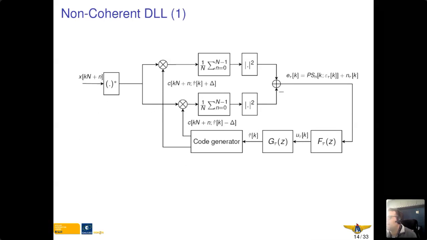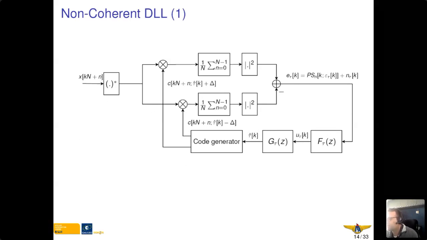Then we multiply, this is what correlation is doing. We first multiply with the spreading sequence, with the early and the late spreading sequence. So C of kN plus n, parameterized either by tau hat k plus delta or tau hat k minus delta.